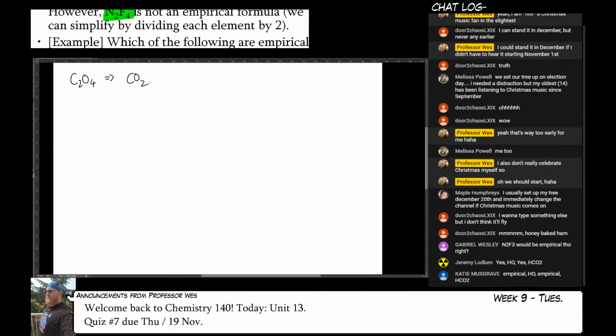So, for example, let's suppose that I had a molecule, and the molecule could be this, it could be this, or it could be that. It could be one of those 3 things. All I know is it has nitrogen and hydrogen in it.